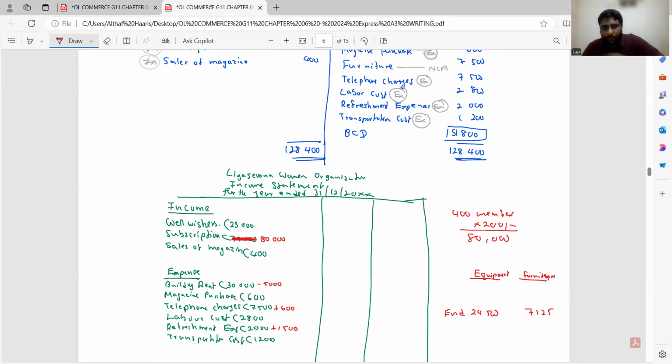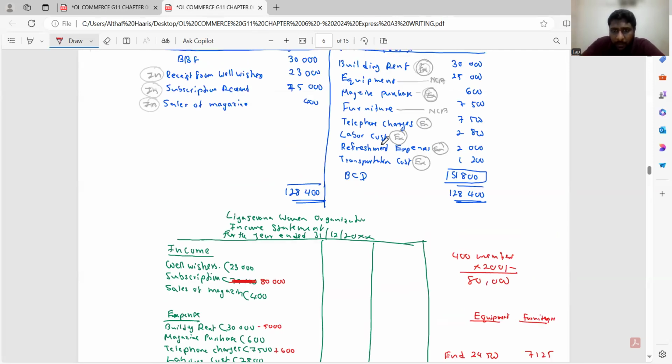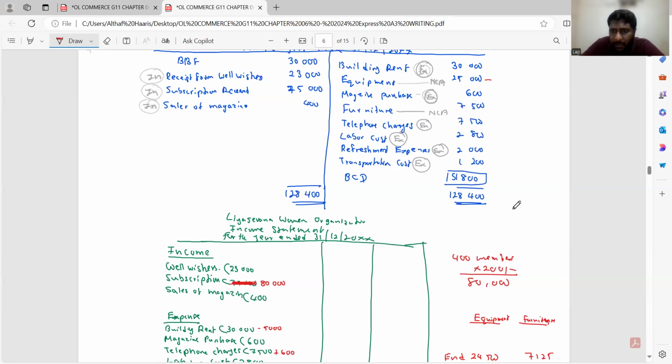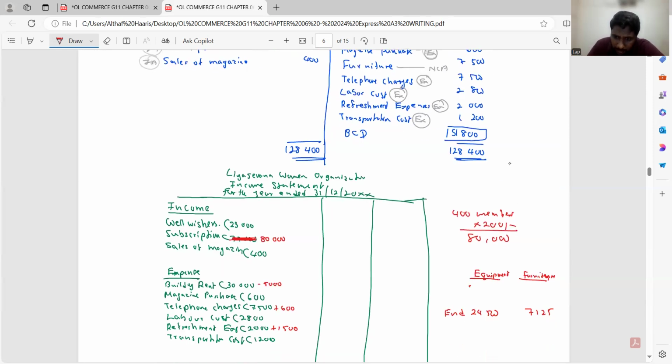But people, in this question, what you have to understand is we purchased equipment which has a value of 25,000. So a 25,000 worth item has been reduced to 24,500, a 500 reduction of the equipment. Furniture we purchased 7,500 worth, but it has reduced to 7,125. Furniture has been reduced by 375.